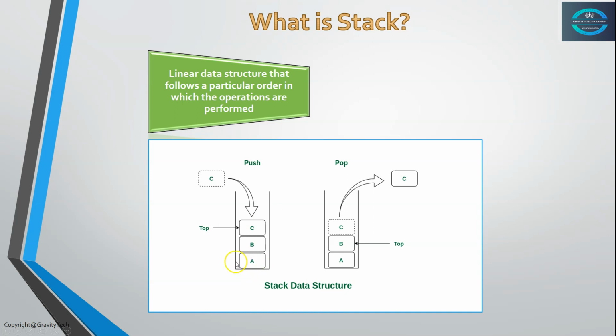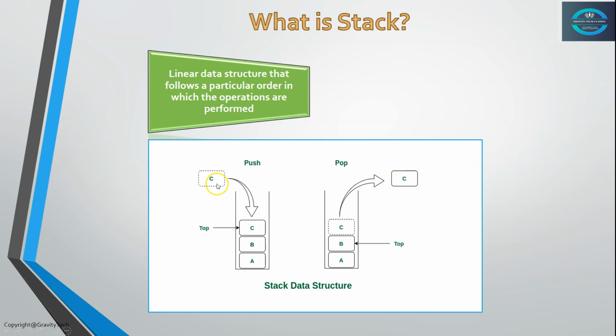When you want to remove that first element of the stack, you will have to remove all the other elements and then remove that one. So a stack is a data structure where, when we insert elements, we insert on the top only, and when we remove an element, we remove it from the top only.